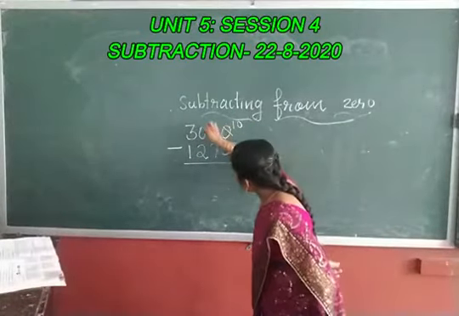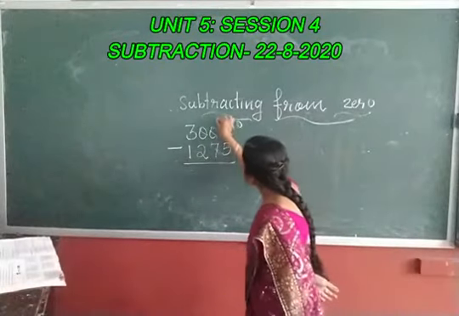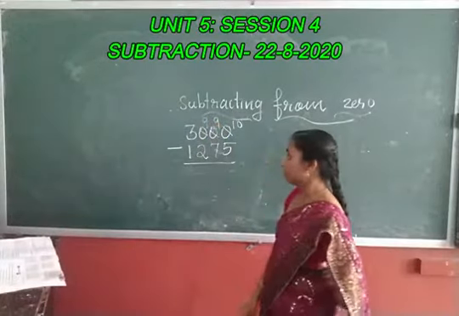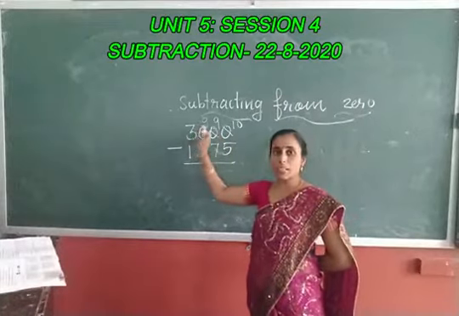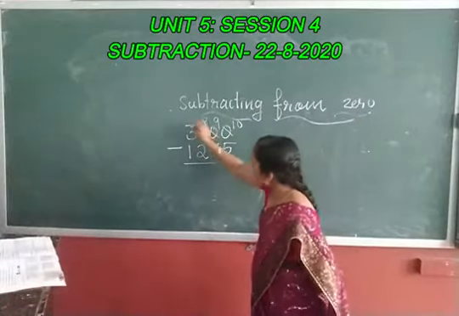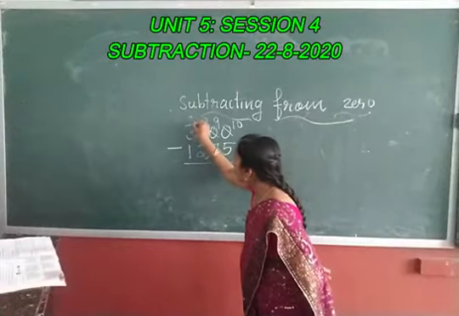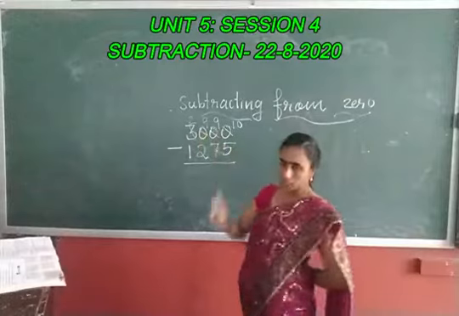Those 2 places you have to cancel or cross, and there you can write 9. Here also you can write 9. The next place, thousands place, there is no 0. There is 3. Cross it and write there 2, because from this 3000 we have borrowed.